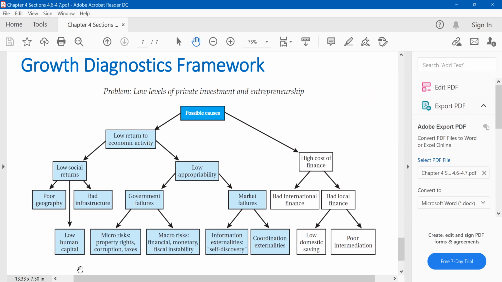Low human capital, property rights, corruption, high taxes, financial, monetary, and fiscal instability, information externalities, coordination externalities, low domestic saving, and poor intermediation of financial resources. So which one do you think, and I'm asking all of you, is the most daunting problem for Turkey?